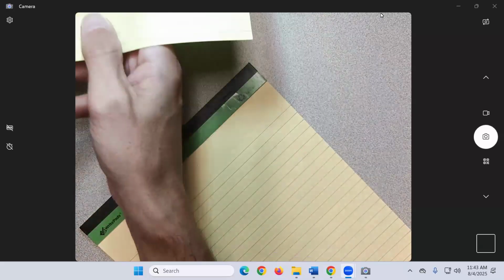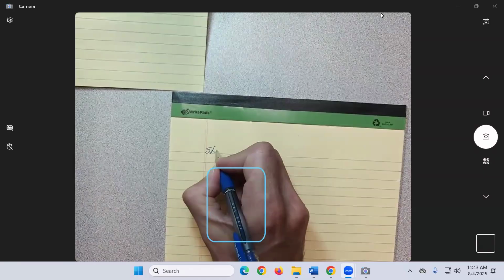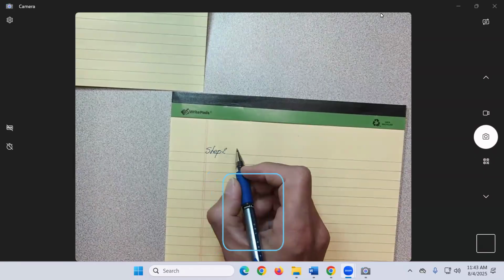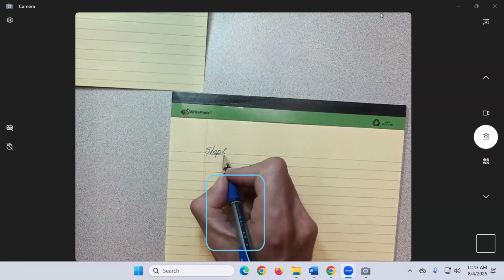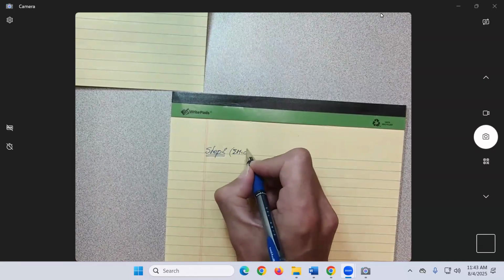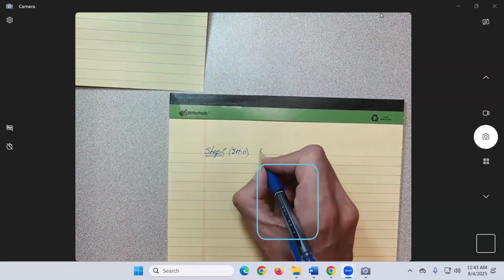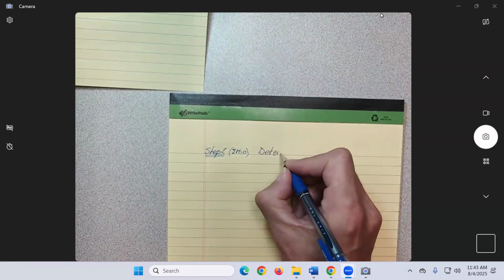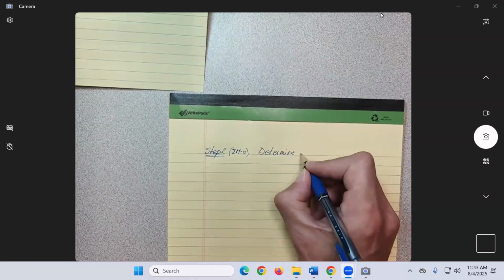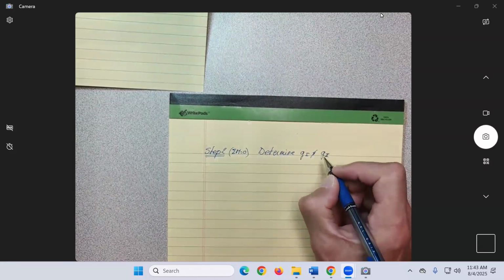All right, so that was step 1. So what is step 2? This is the one you were saying before. This one is the equivalent of doing what? Summation of moments equal to 0. So what do we need? We need to determine Q1 and Q2.